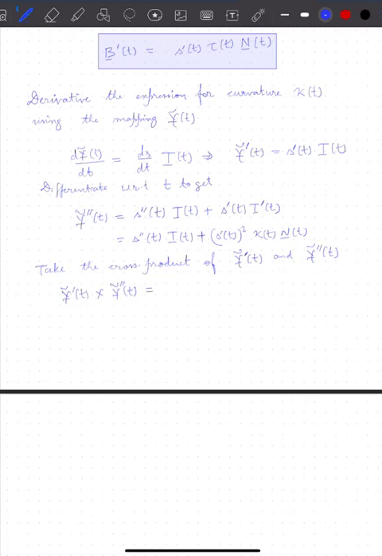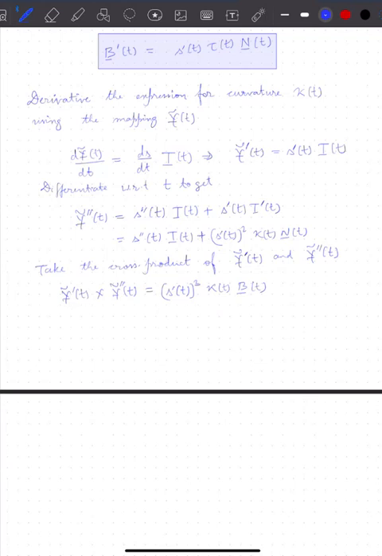In the second term, we have s prime of t times s prime of t squared. This gives us s prime of t whole cubed, and we also have this kappa of t. And t cross n is the b vector.